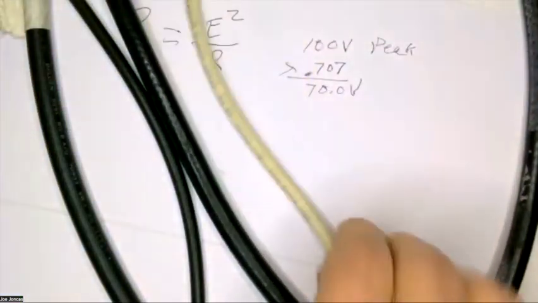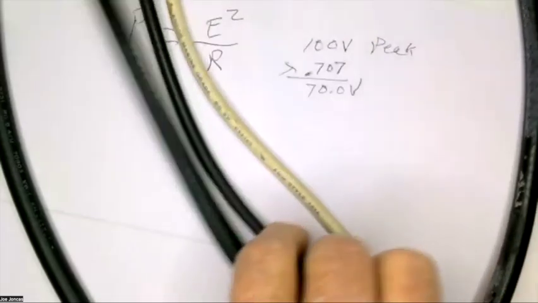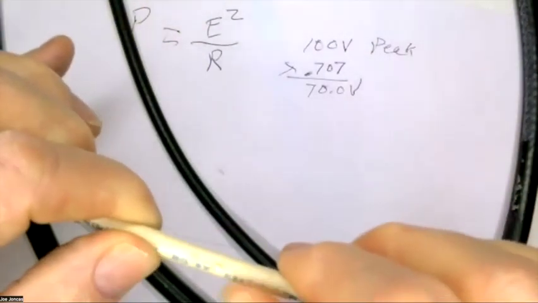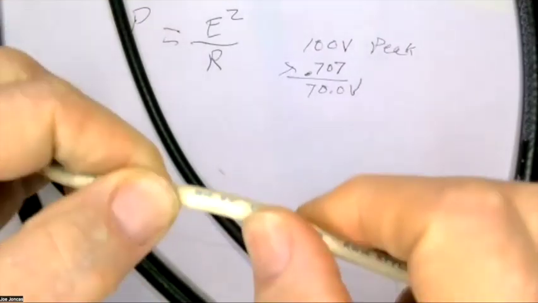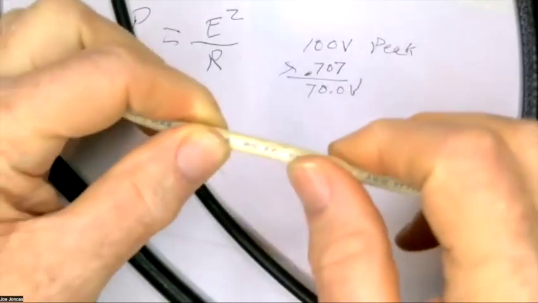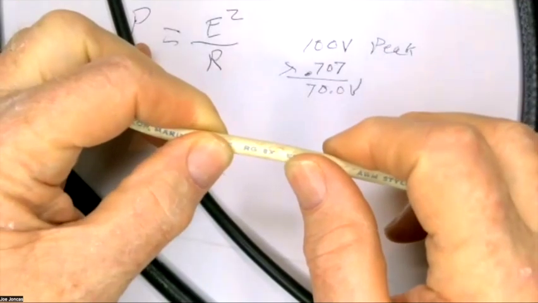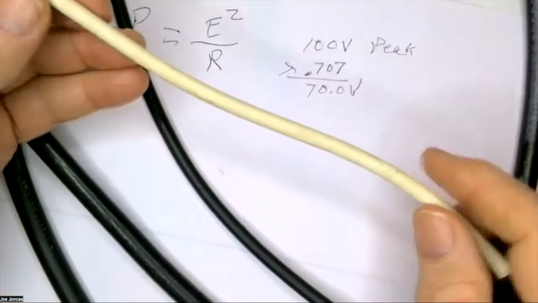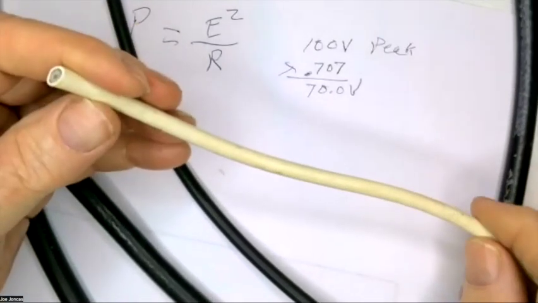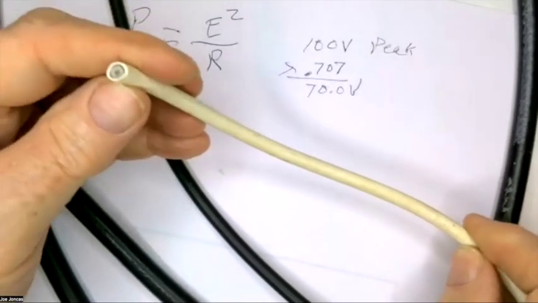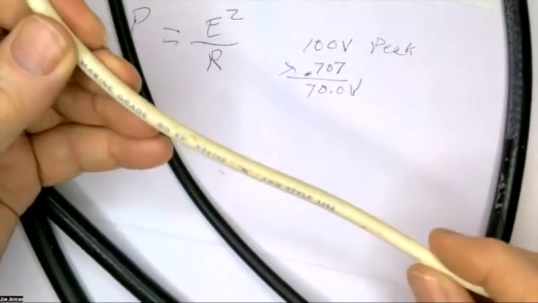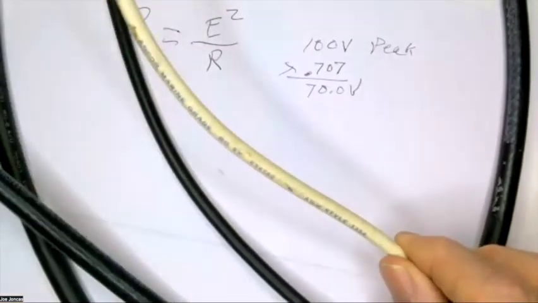Then we go to this one. Actually, these two here. I have this one because it says RG8X. This happens to be marine wire. The shield is tinned, and it's intended for the marine environment.